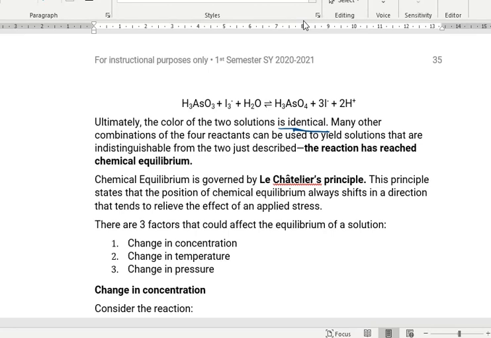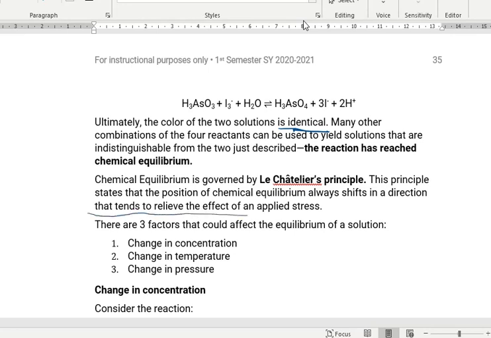Okay? Now, chemical equilibrium is governed by Le Chatelier's Principle. This principle states that the position of chemical equilibrium always shifts in a direction that tends to relieve the effect of an applied stress.